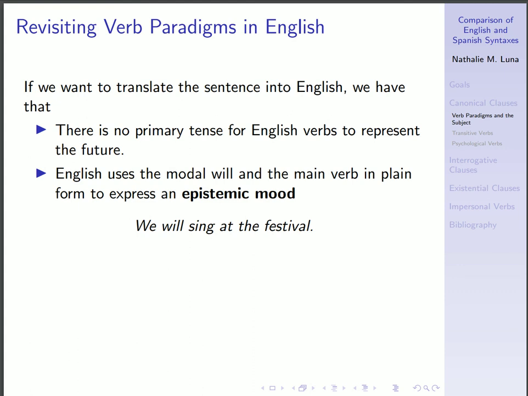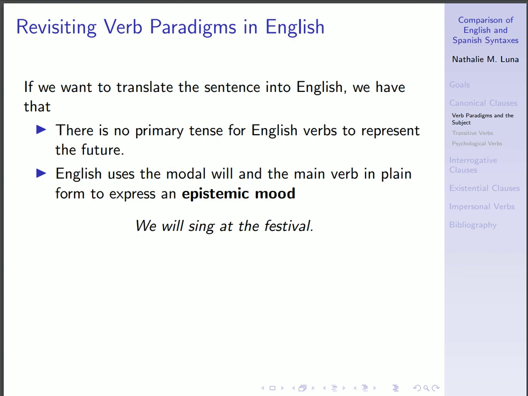So what English does is it uses the auxiliary will and the main verb in its plain form to express an epistemic mood, which means that it talks about something that is likely to happen in the future, given what the speaker knows at the moment when he says this sentence. So the sentence will translate to, we will sing at the festival.